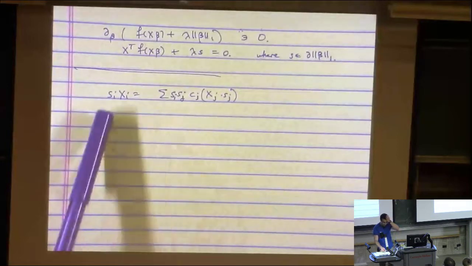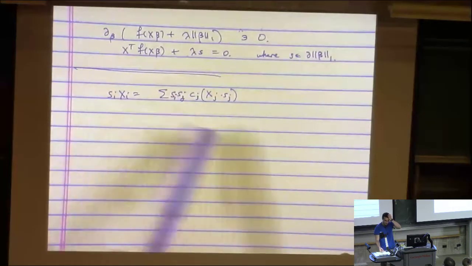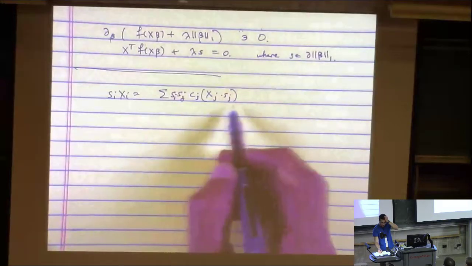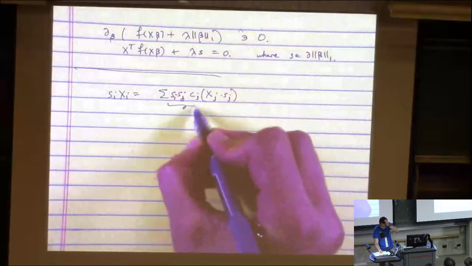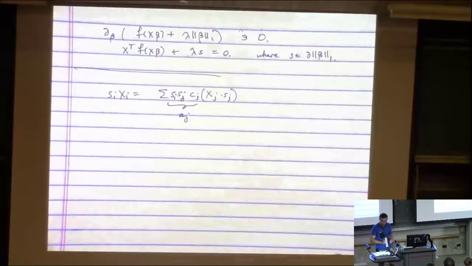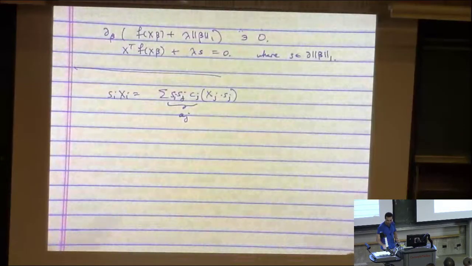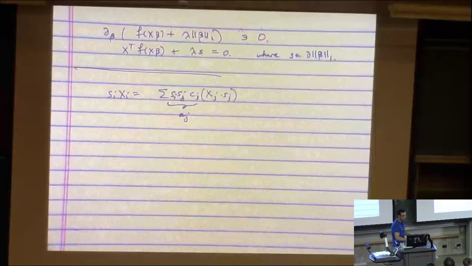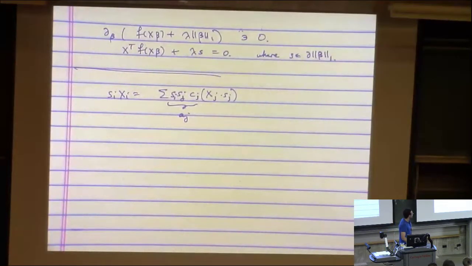Okay, so I'm saying that the signed feature xi is equal to some linear combination of the signed other features, where these are the weights. These weights, let's call these aj. So it's equal to some linear combination aj times xj, sj. And if I take an inner product of both sides with a negative gradient, and I invoke the KKT conditions, everything here must be equal to lambda.